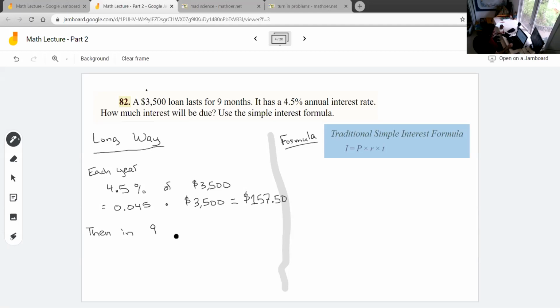Then in 9 months, I'm going to take 9 months and change it to 9 months out of 12 months.